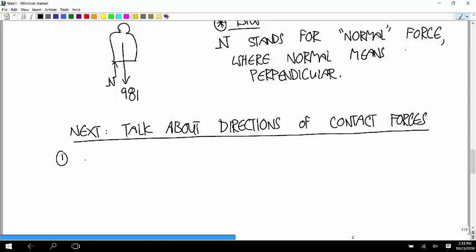The first one is pushing contact along a flat surface.